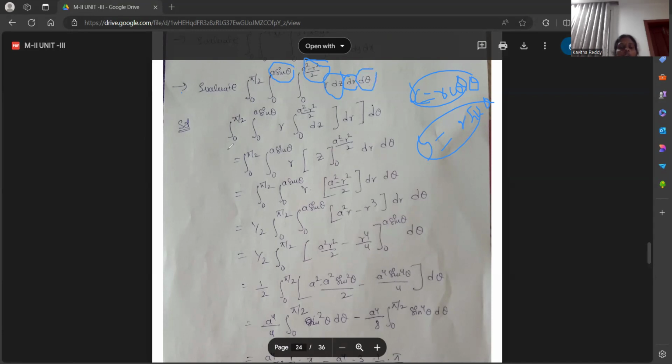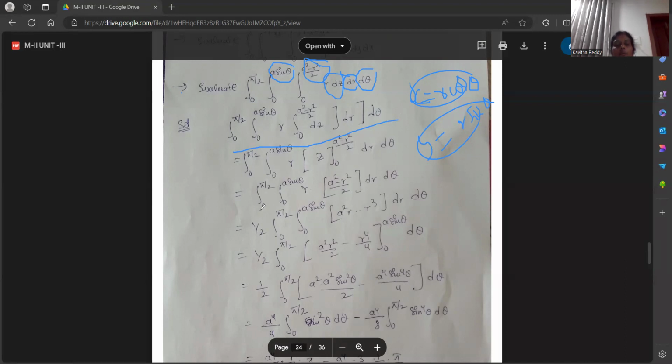So integral of 0 to pi by 2, integral of 0 to a sine theta, integral of 0 to (a square minus r square) by 2, r dz dr d theta. This is the question. First you need to integrate with respect to z. So integral of 0 to (a square minus r square) by 2 dz, then r dr d theta.